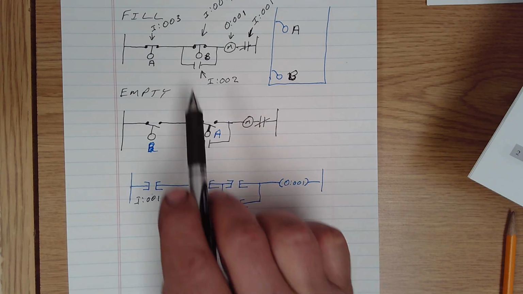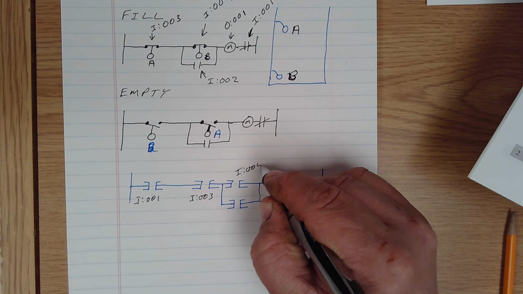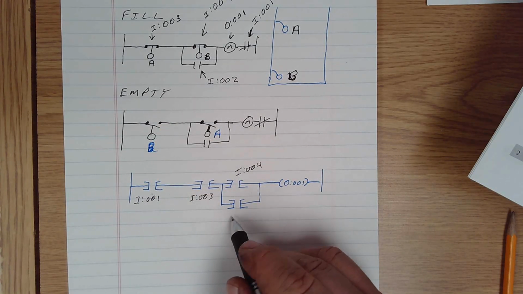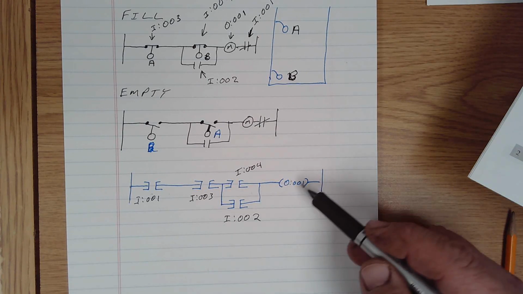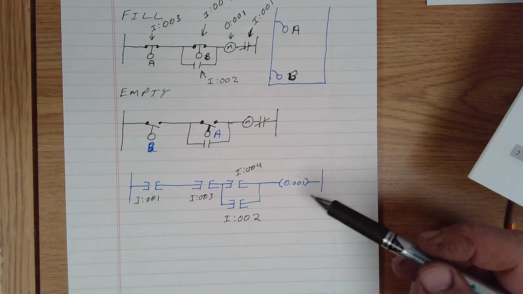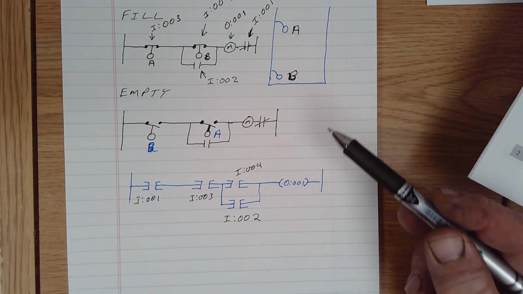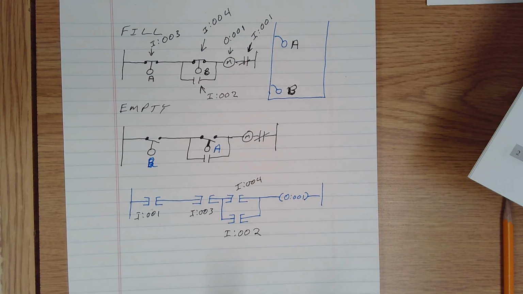Our starting device is input 004. Our holding contacts are connected to input 002, and then our output, so the output card, the one that actually provides power, terminal number 1 is feeding power onto that motor starter coil.